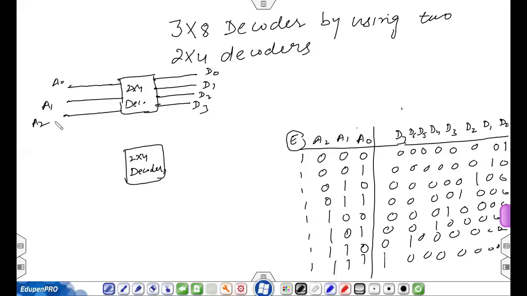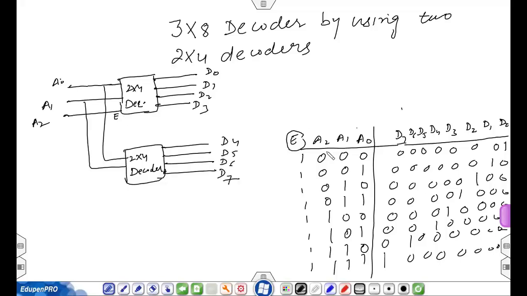In a decoder there may be a maximum of 2 inputs, but here I am writing 3 inputs. So what is the logic behind this? A2 is connected to the enable. In the first 4 cases, A2 should be 0. If A1 A0 is 0 0, the first output will be active, for 0 1 the second output, then the third and fourth.